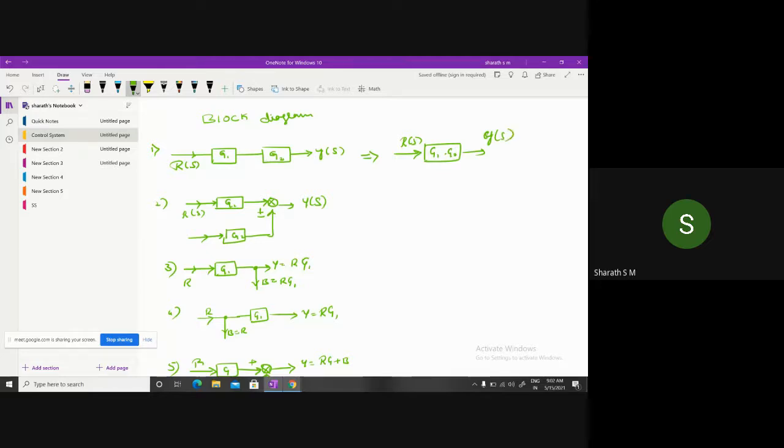In the same way, we have two blocks in parallel.